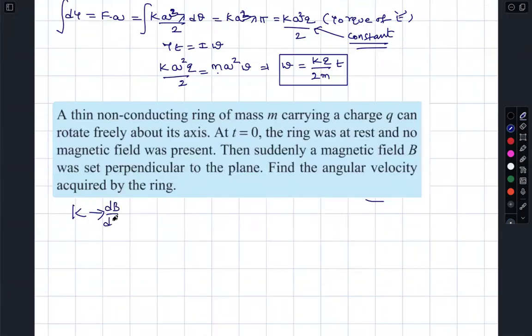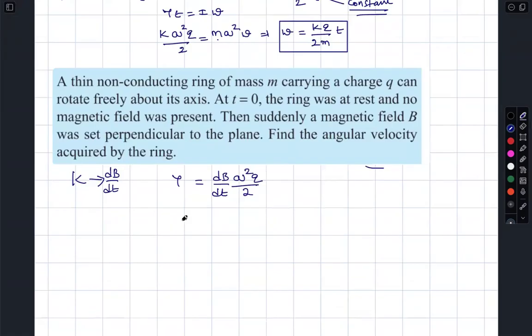In that case, the torque becomes dB by dt times charge Q, a square Q by 2. That is the torque. Now, tau dt is nothing but dB a square Q by 2.